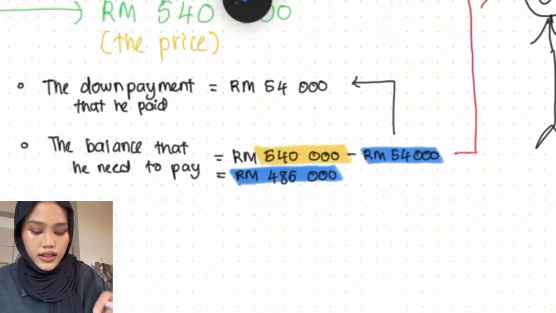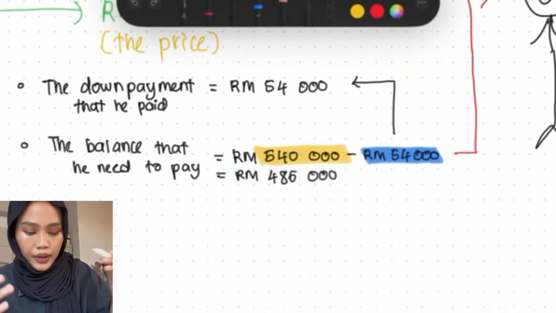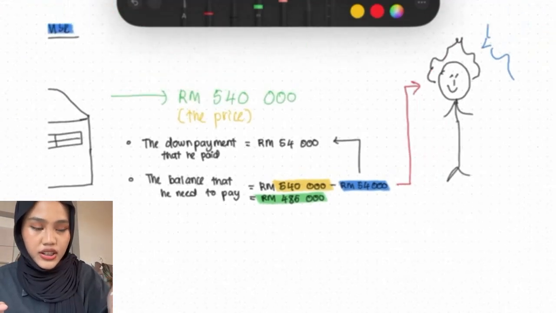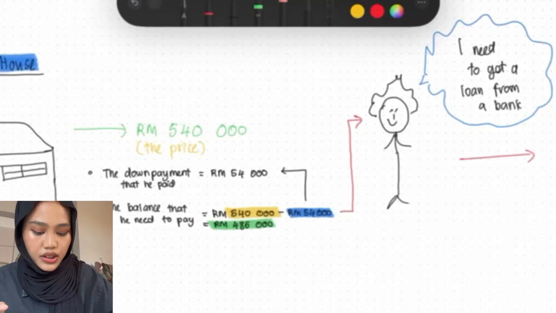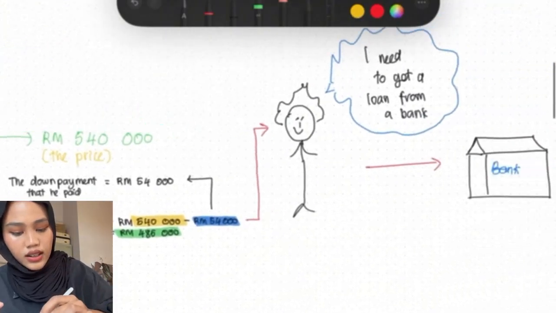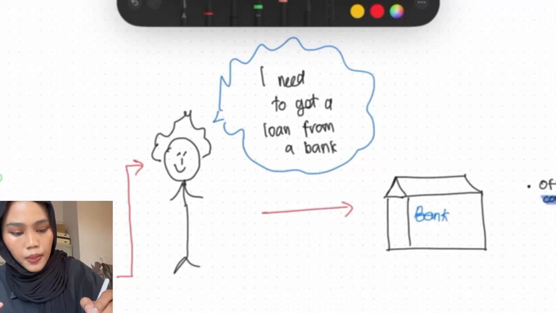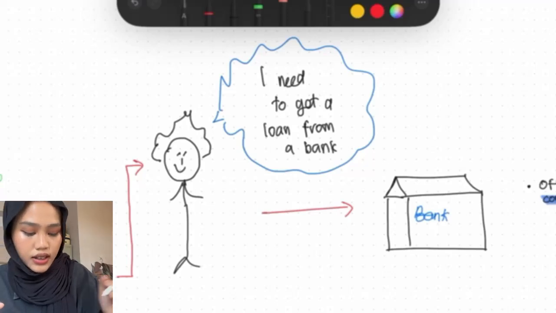So the balance that he still needs to pay is RM486,000.